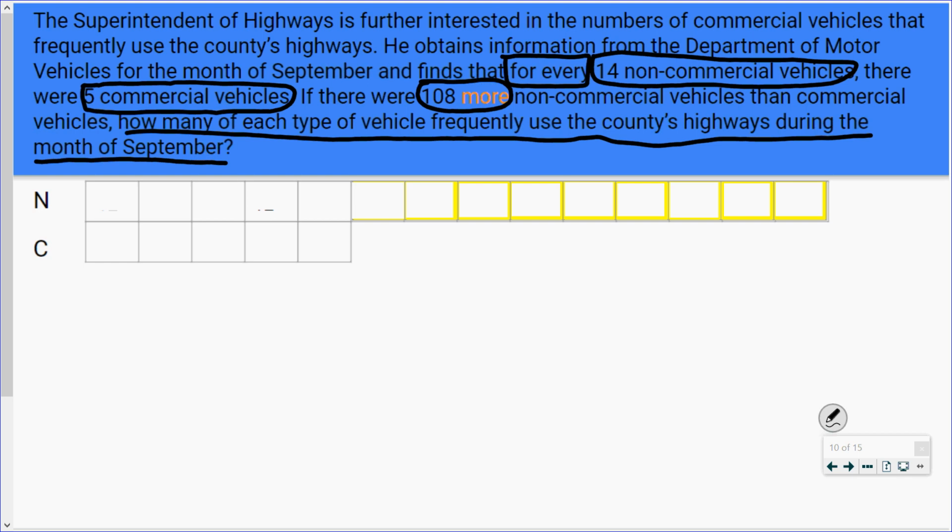All right, now look here. They're asking us if there was 108 more non-commercial vehicles than commercial vehicles, right?